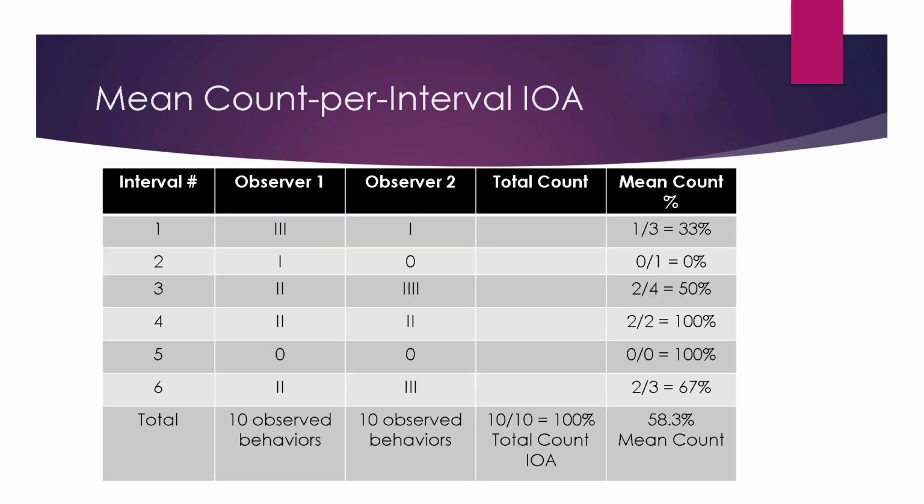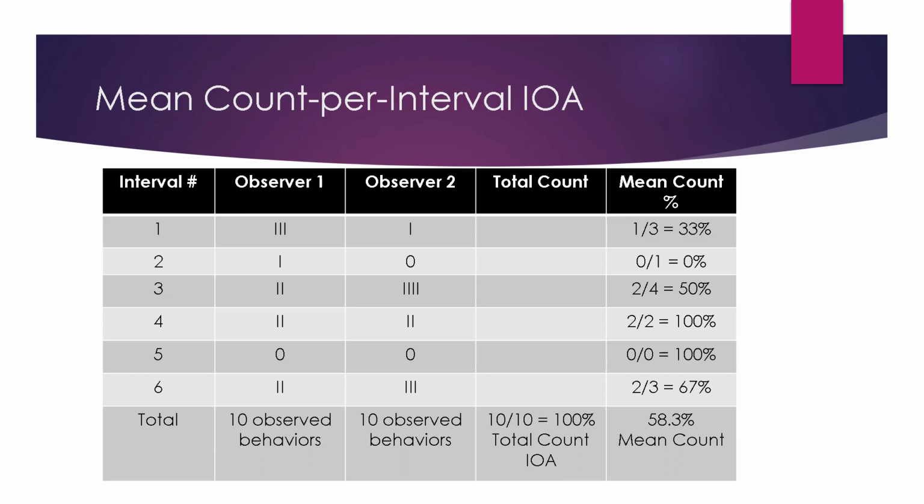Let's look at an example. This displays a 30-minute observation period. The observation period was broken into 6 5-minute intervals, and for each interval, both observers tallied the number of occurrences of the target behavior. To calculate the mean count IOA per interval, we must first calculate the total count IOA for each interval.